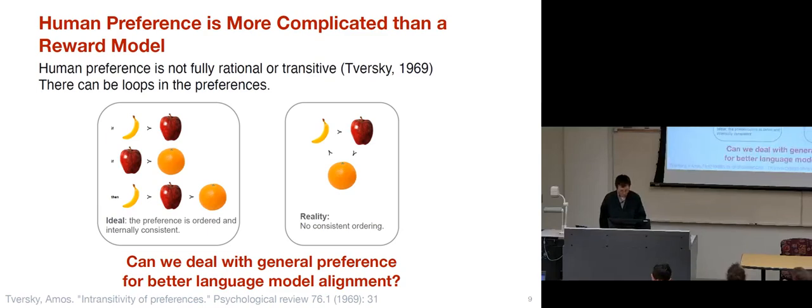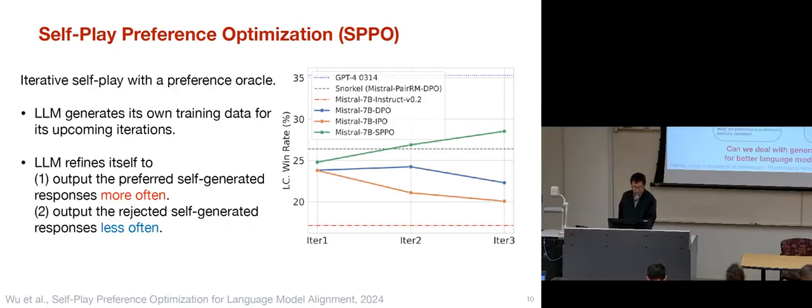Therefore, we propose to, first of all, relax this model assumption to deal with more general human preference. And second, we also use the same idea of self-play to optimize this general preference model to get a better performance. So here's an overview of the SPO algorithm.